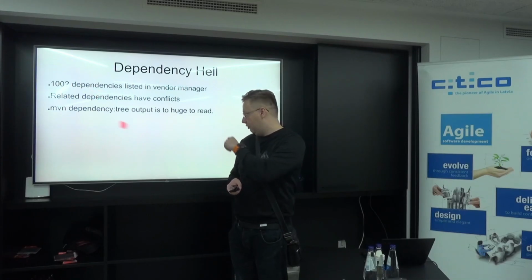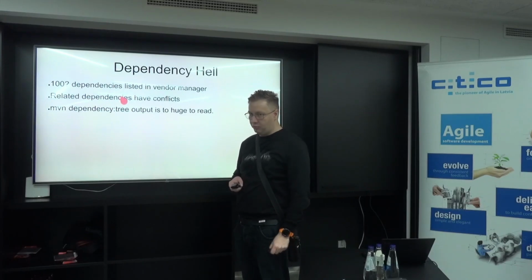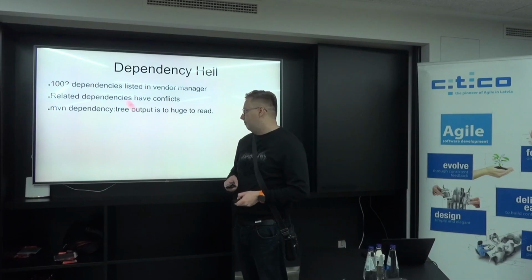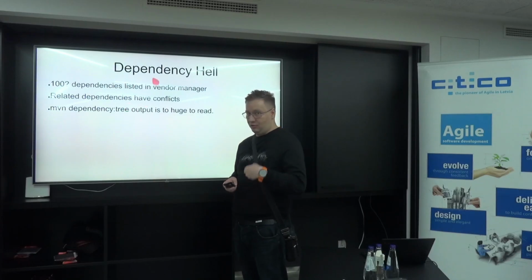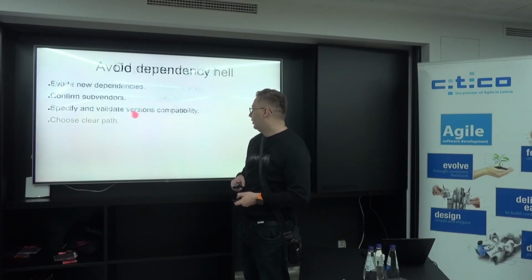The dependency tree will just give you tons of output that you cannot understand, and for 100 dependencies you will need to create a parser or use something like ChatGPT to understand what's inside, specify the dependencies that have problems, and ask for a solution. Yes, so let's move forward.